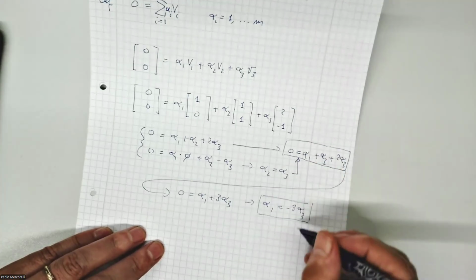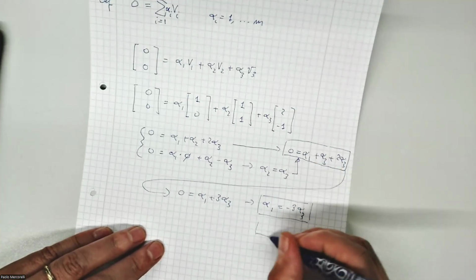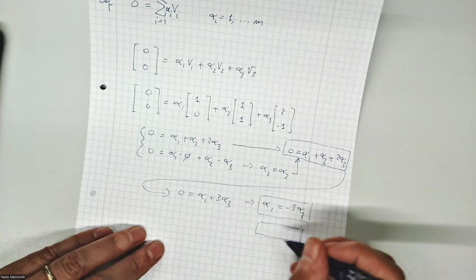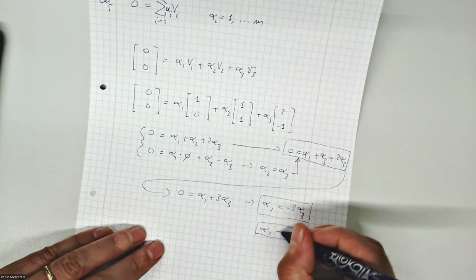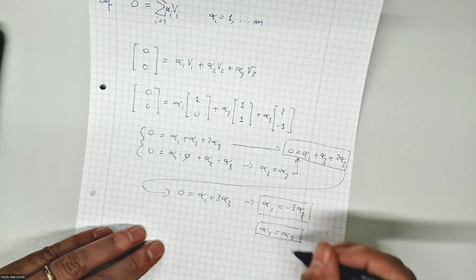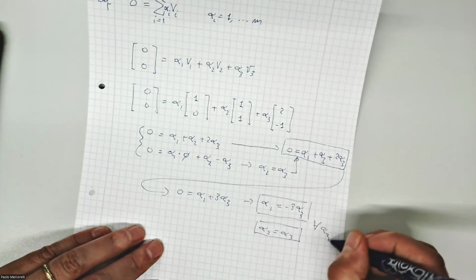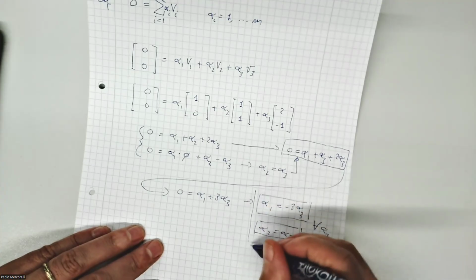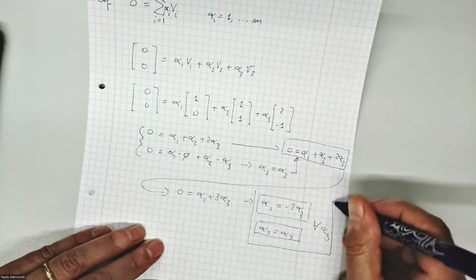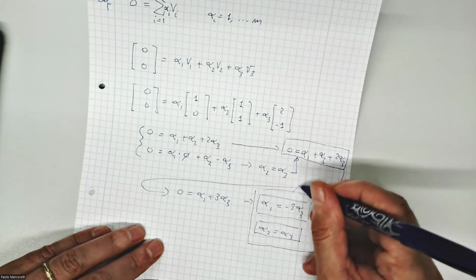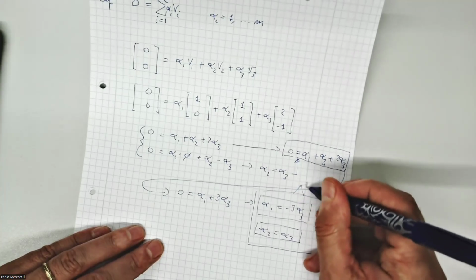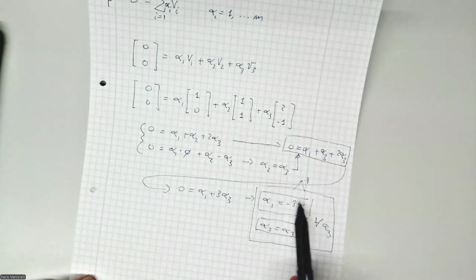And considering this, we have alpha 2 equal to alpha 3, for each alpha 3, for instance. This is the result.